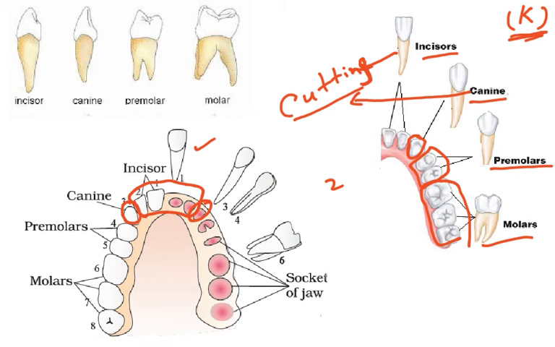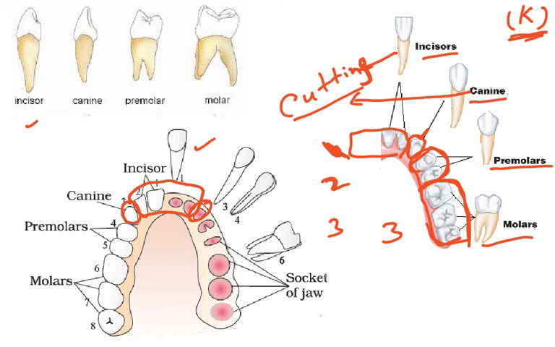So premolars 2 and molars 3. So in sides: 4 front teeth, then 1 canine here, 1 canine here, and then 2 premolars on this side and 2 on this side, and the 3 molars on this side and the 3 on this side.